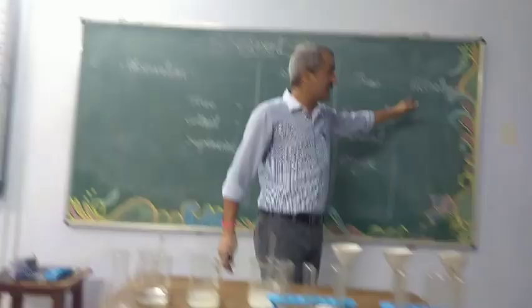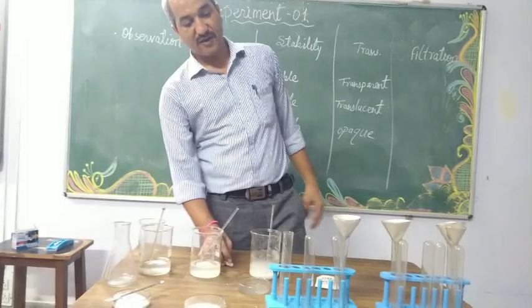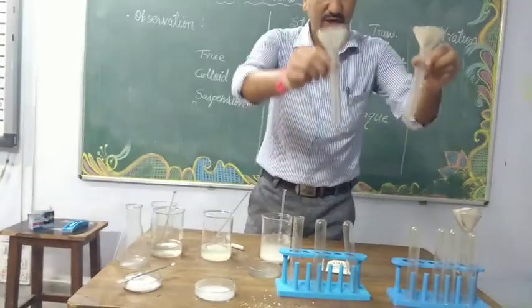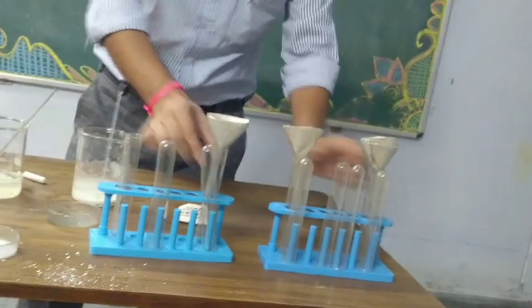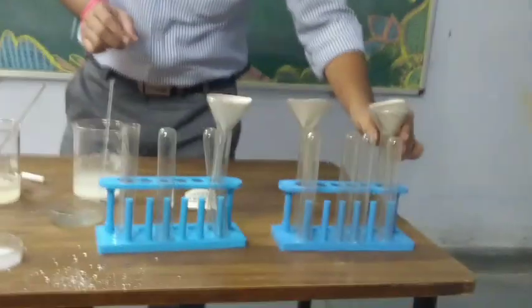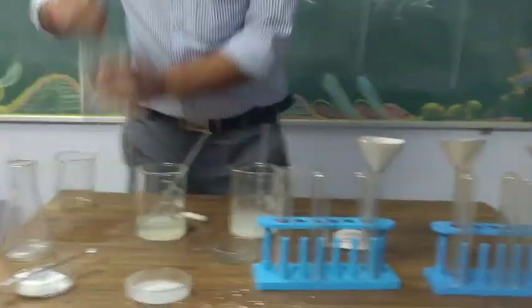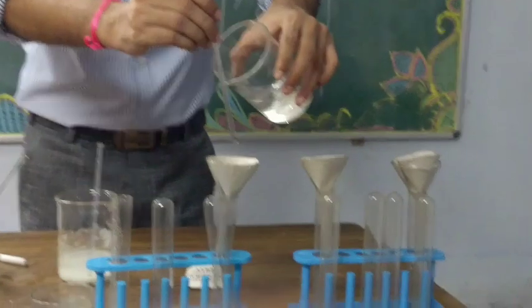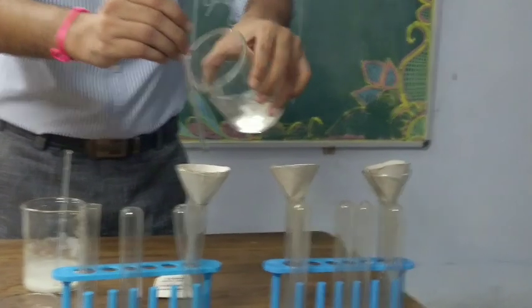Now the third criteria, that is filtration. For filtration, we have taken 3 test tubes, each one having a funnel covered with filter paper. We will take some amount of each solution in each funnel, and we will see for the filtration criteria.